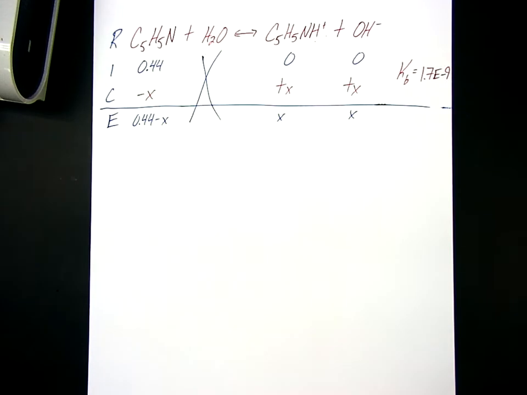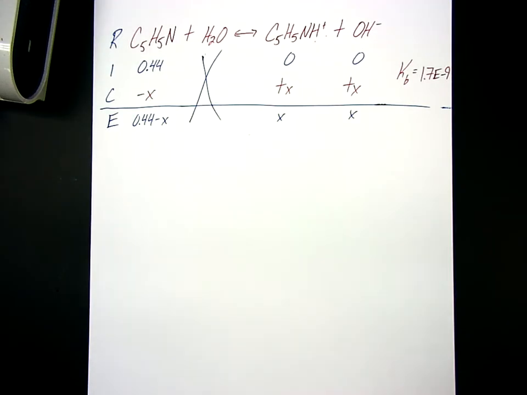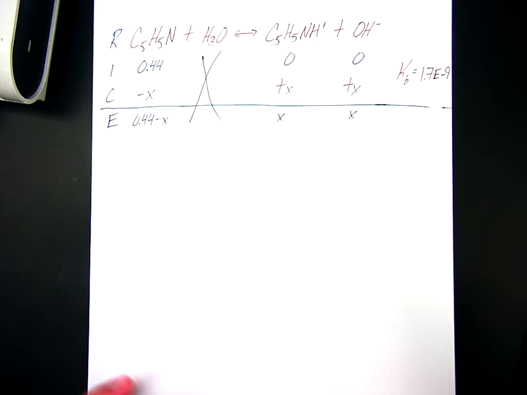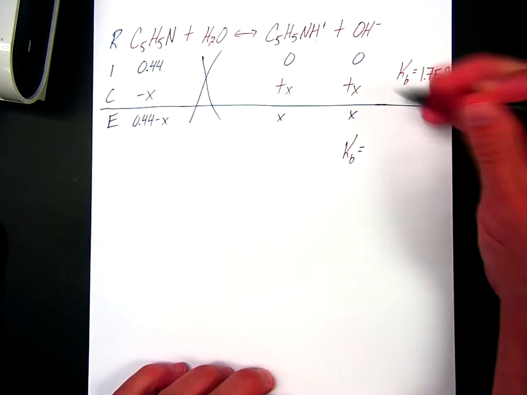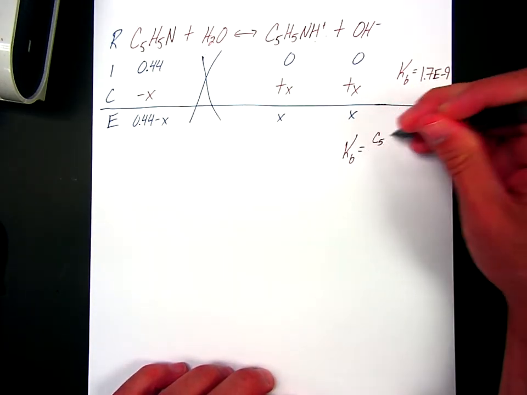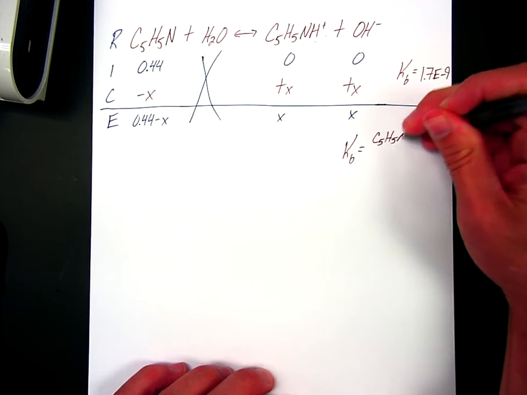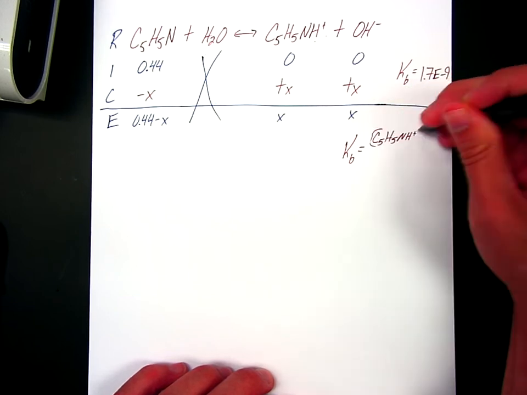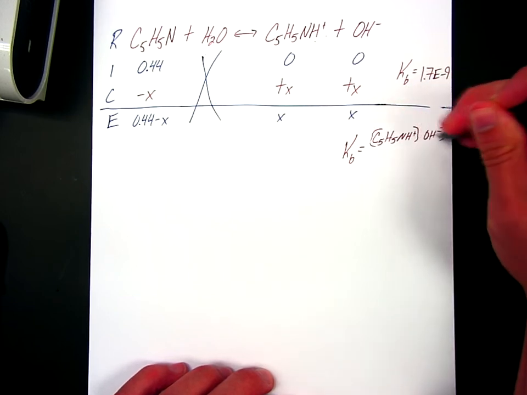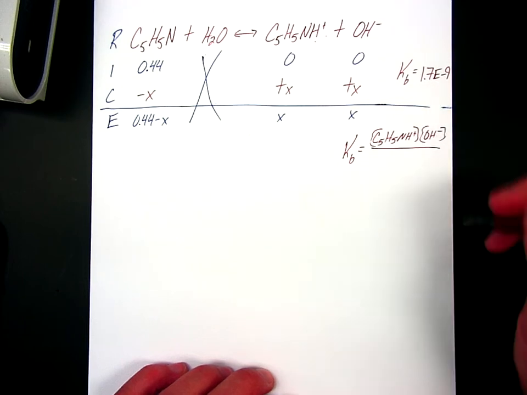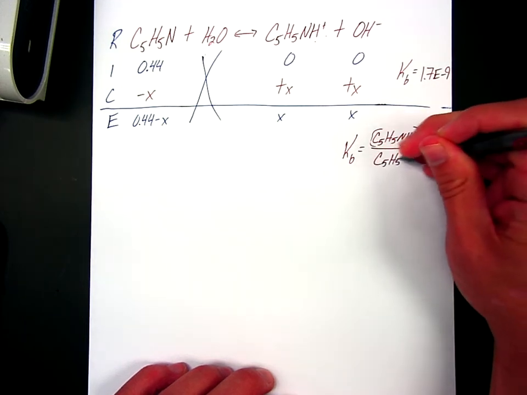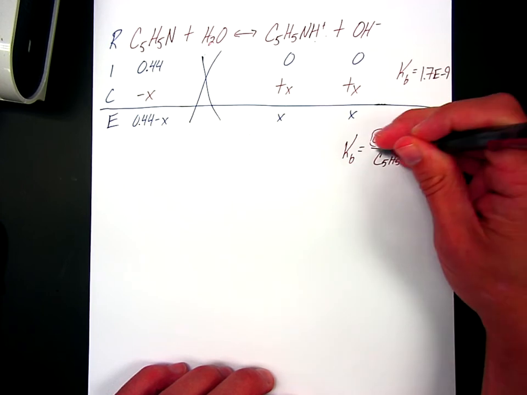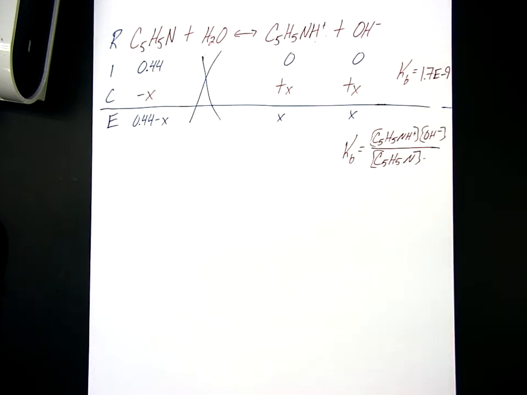If I want to plug this into an expression, I know that my unsubstituted would be the Kb with the products over the reactants.